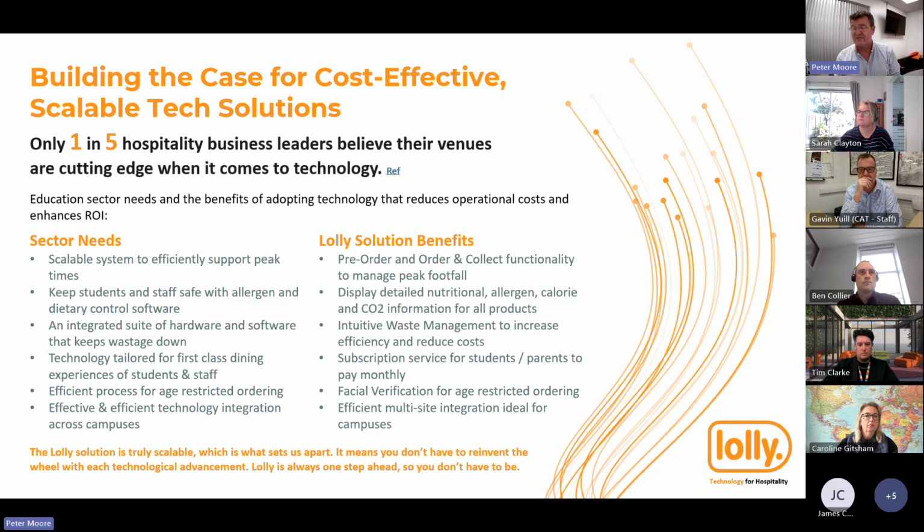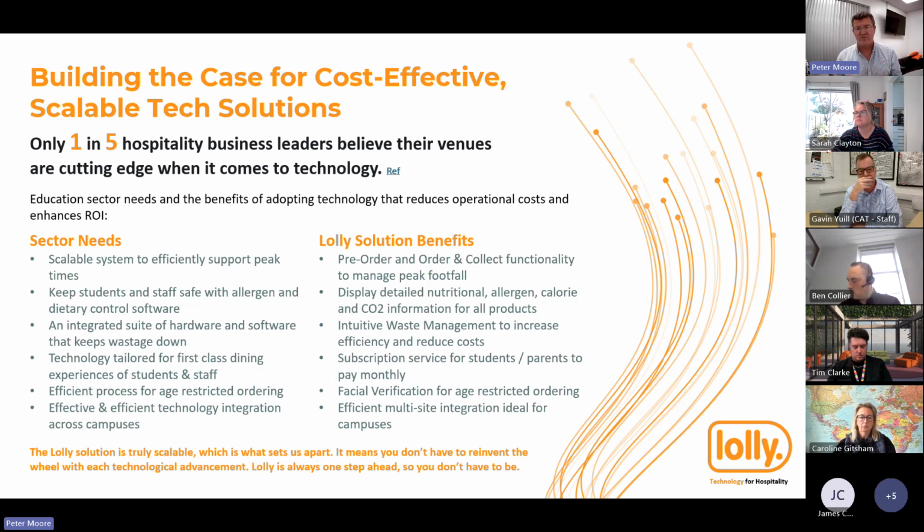In fact, one of our customers takes all that information from all of its staff and offsets it each month. It says, I know what the carbon impact is, and I'm going to offset that for my university, for my campus each month. Great initiative. Then waste management, again using technology. If you're pre-ordering a lot of food, your waste is reduced hugely because you know what you're actually going to be delivering.